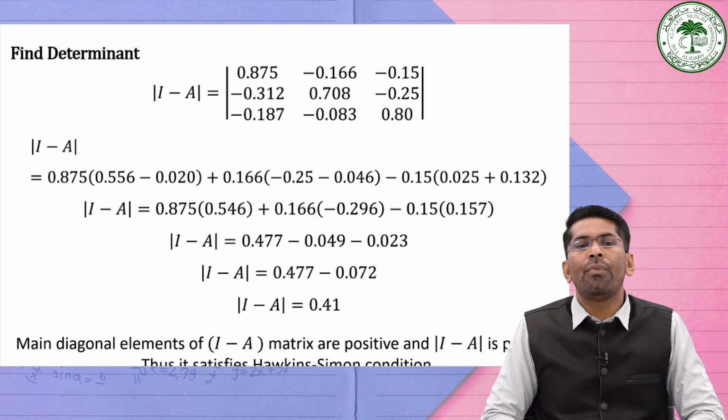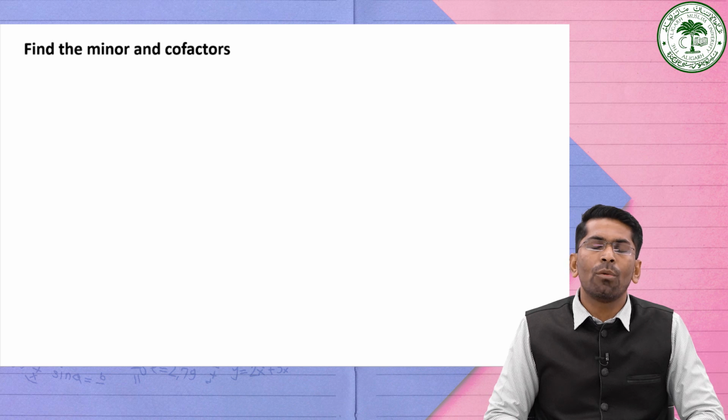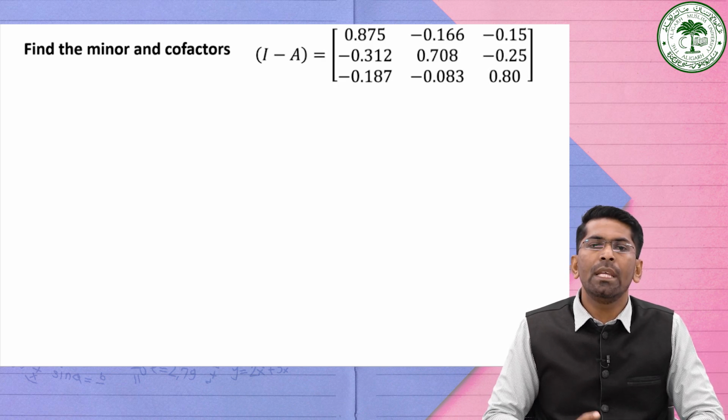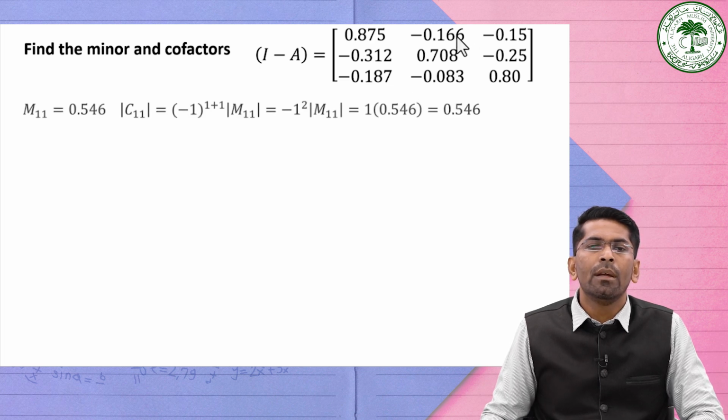Now we are going to find the minors and cofactors. We have the given matrix here. We find the minor of the first element by crossing the first row and column. I have already calculated it here by multiplying 0.708 into 0.80, then minus 0.25 into minus 0.083, and you get 0.546.